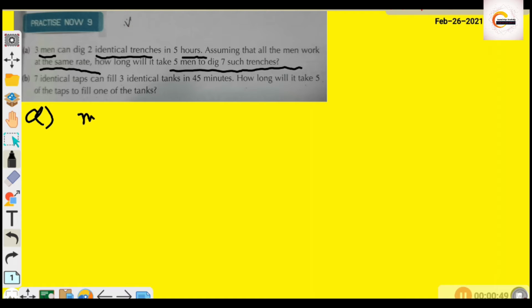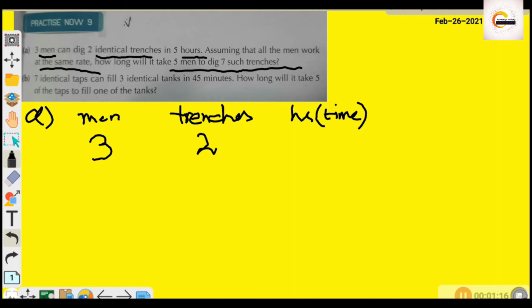So I'm going to write down the variables first: men, trenches and hours, that is time. Now according to the question, there are 3 men who can dig 2 identical trenches in 5 hours.